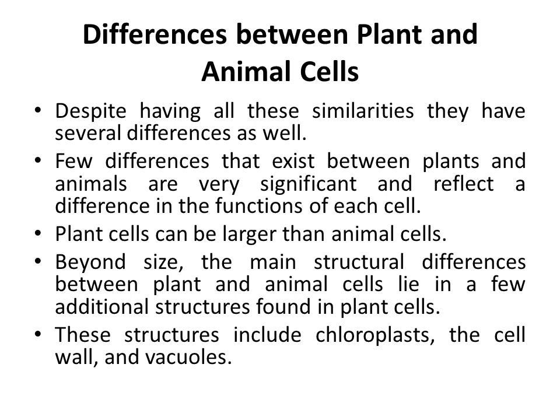Beyond the size, there are many structural differences between plant and animal cells, and these differences lie in some structures and in some functions of both types of cells. Mainly, the different organelles found in the plant cell are chloroplast, cell wall, and vacuoles, which are not present in the animal cell.